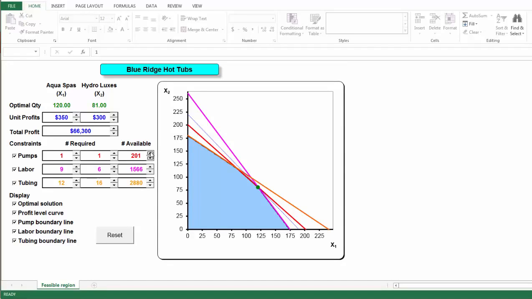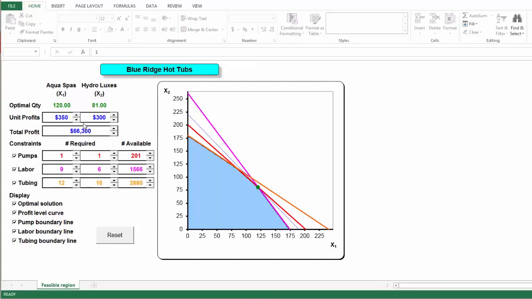The new optimal solution is 120.81, as you see over here. And the new optimal profit is $66,300, an increase of $200. That is how we find the shadow price of pump.